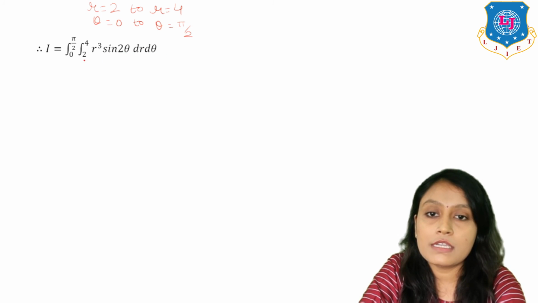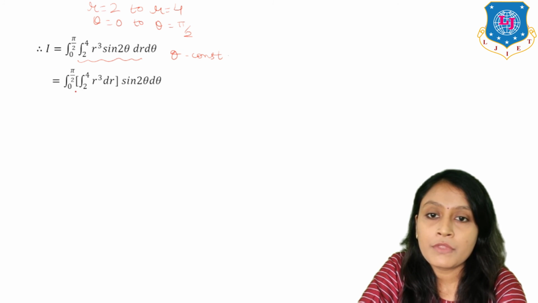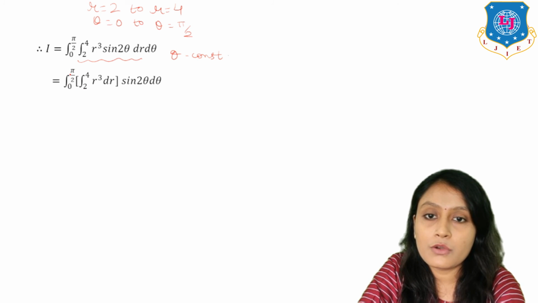Now firstly we will integrate with respect to r and keep theta as constant. So keep the integration 0 to pi by 2, d theta, and sin 2 theta, which is constant, outside. What remains is the integration from 2 to 4 of r cube dr.